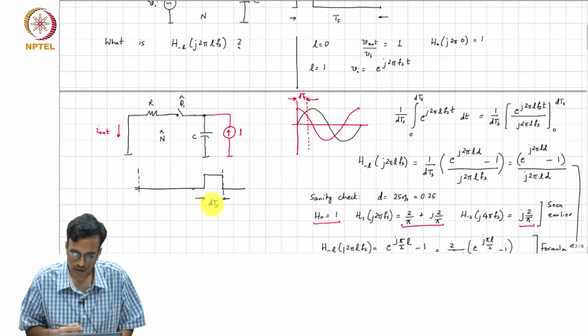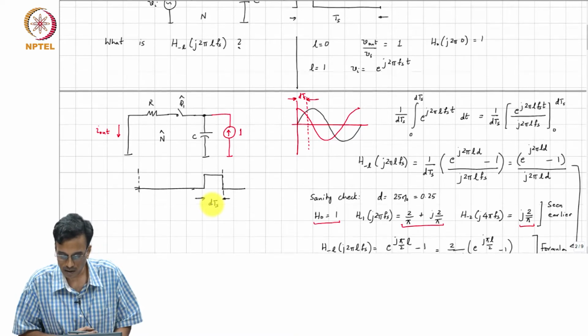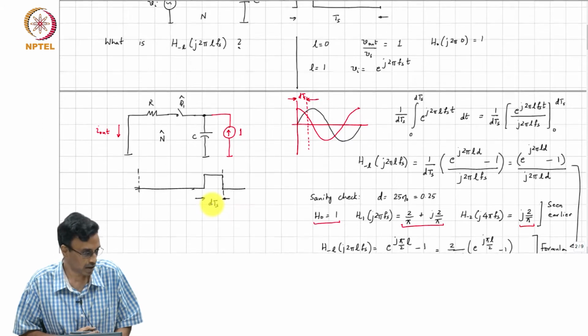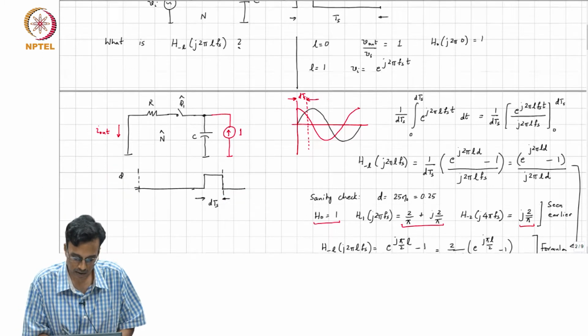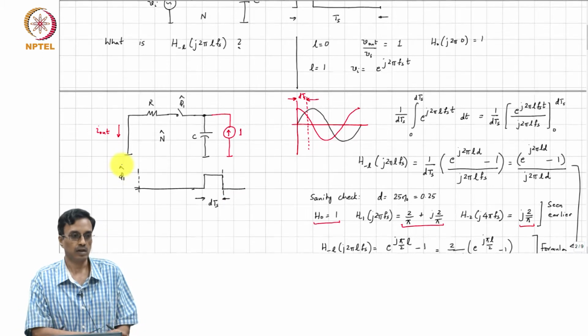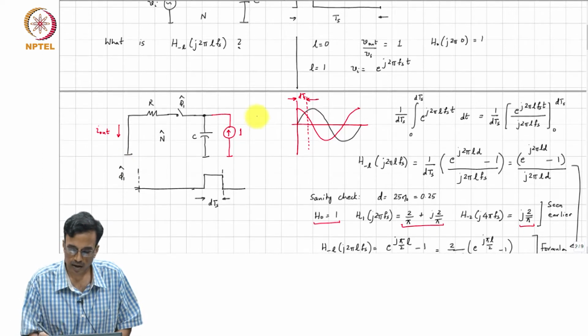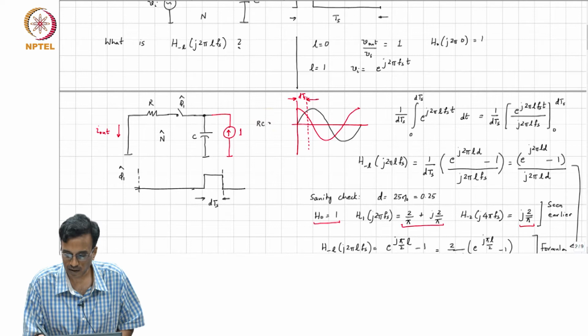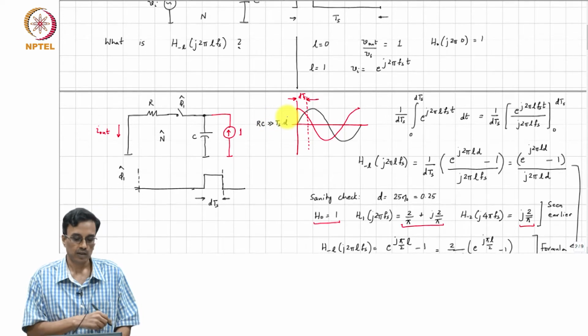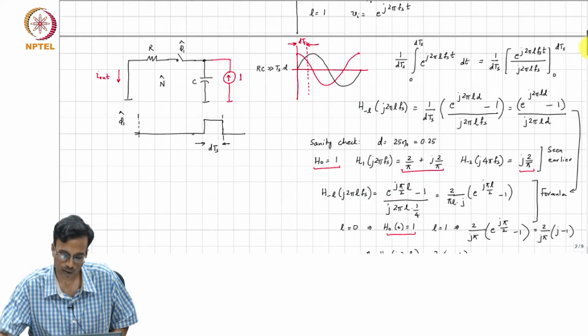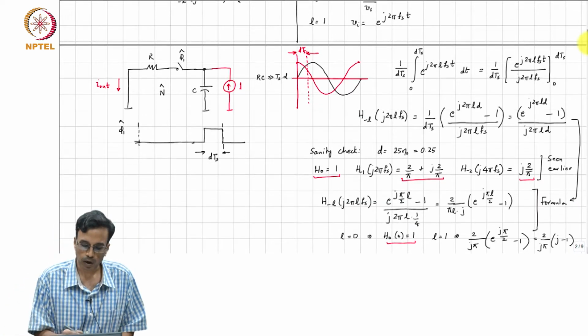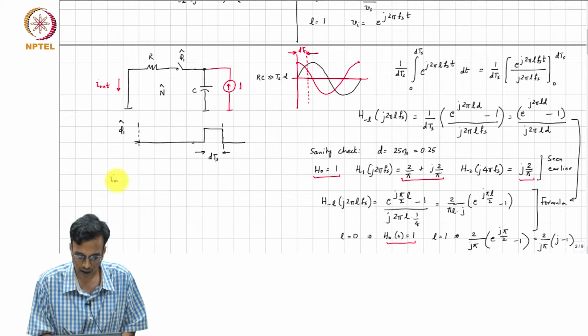So, this is the period of phi 1 hat, which is the time reversed switch control waveform, and so again, of course, our assumption is that this RC is much greater than Ts times D. So, the first question that I would like to ask is what must be the average output current?